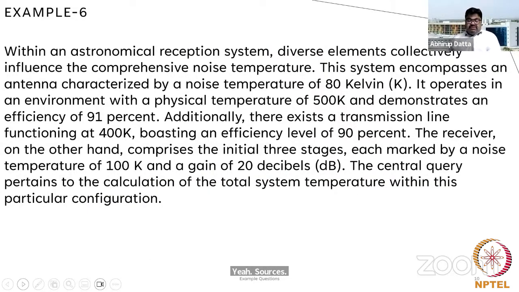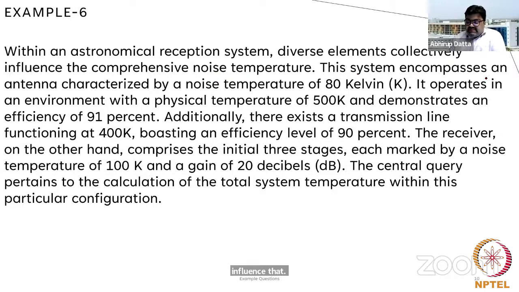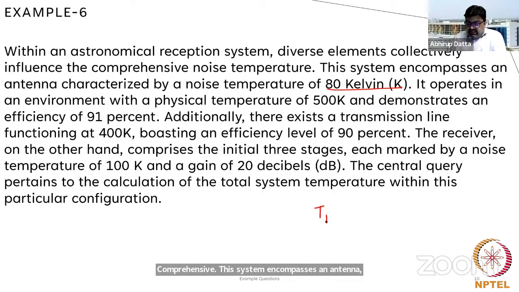Next example, with an astronomical reception system, diverse elements collectively influence the comprehensive noise temperature. This system encompasses an antenna characterized by a noise temperature of 80 Kelvin. So T_N of antenna is equal to 80 Kelvin.